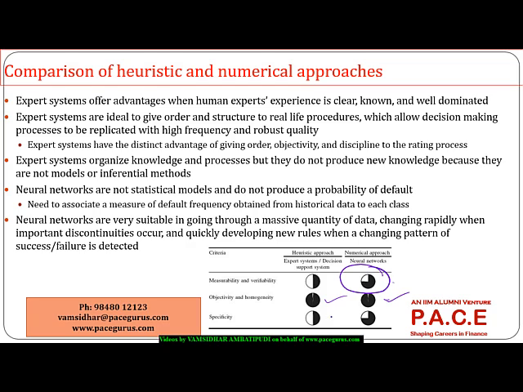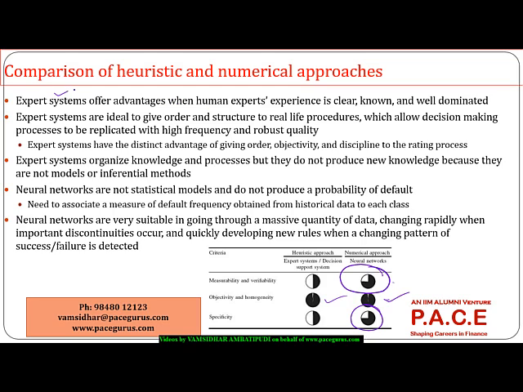Both of them do a classification in a very streamlined manner, so the groups are very homogeneous. Specificity wise also, neural networks have a slight advantage over the heuristic.